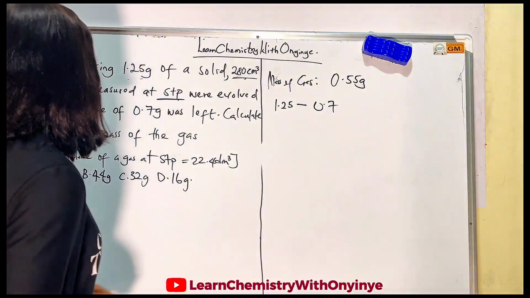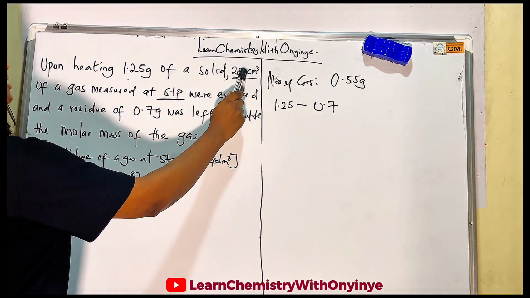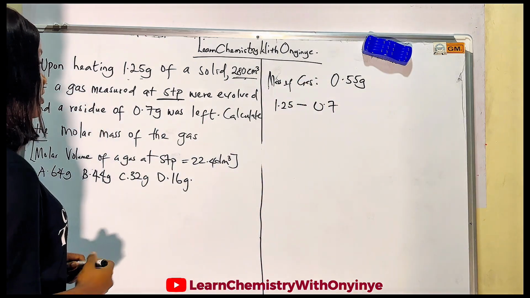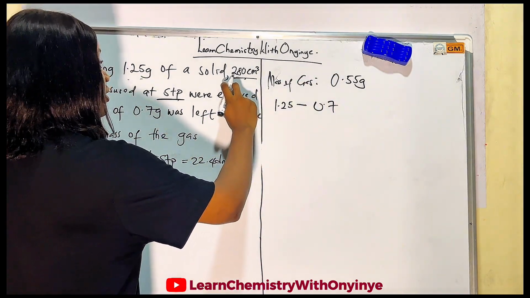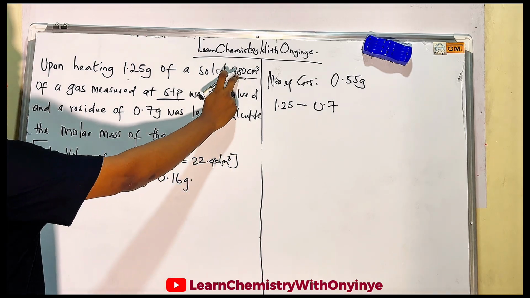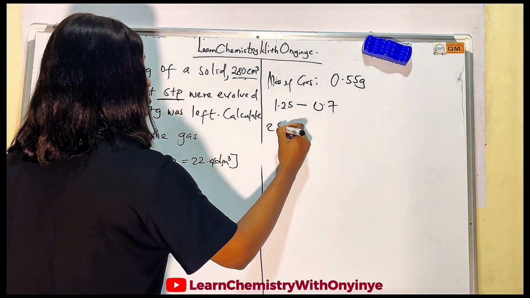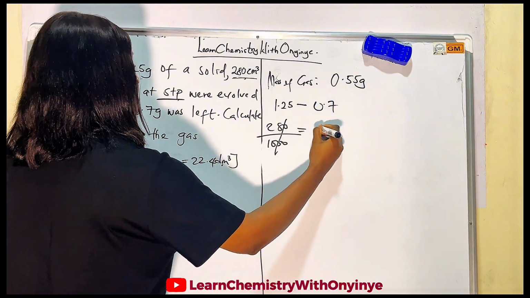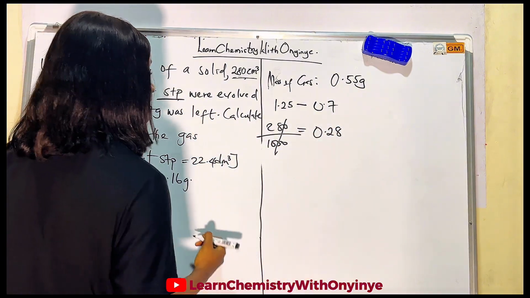So let's look at this. At this volume, this gas was evolved. At 280 cm cube, but since our STP is in dm cube, I'm going to change this to dm cube. So 280 divided by 1,000, and if you do this, you're going to get 0.28.